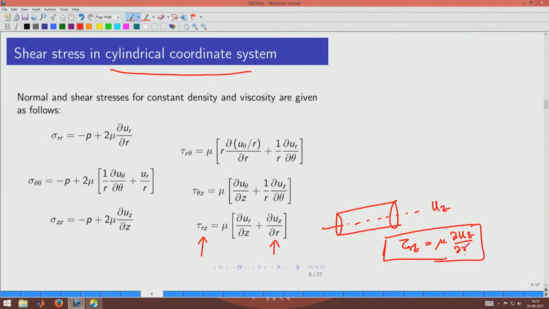However, this is when the u r component is 0 and only axial velocity is there, and you may see that the way we write it is very similar to the rectangular coordinate system. But this kind of very simplistic extension should be warned against because you have terms that come with various other quantities, mainly because the coordinate system is cylindrical, and in the cylindrical coordinate system the axes are defined a little differently.